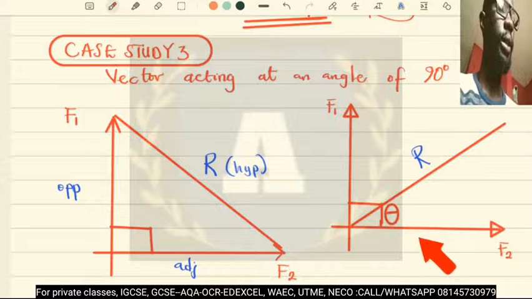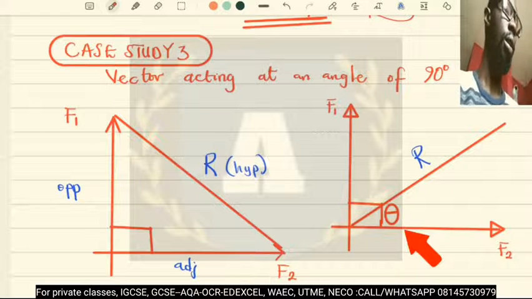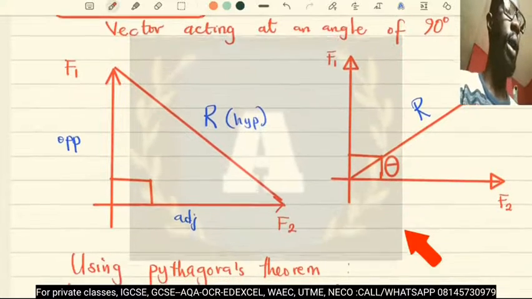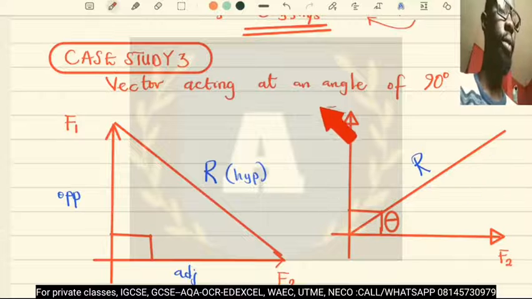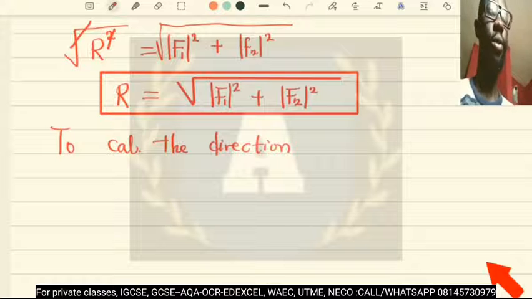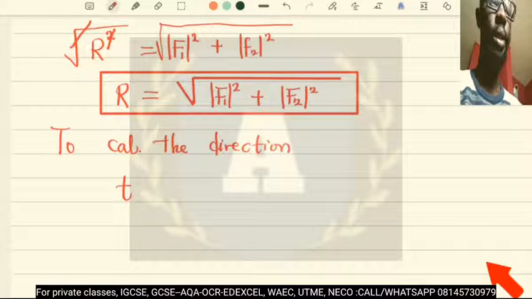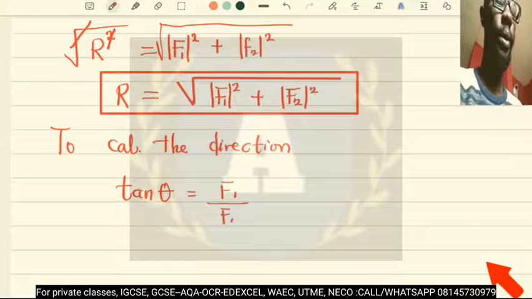So now tan theta, the tan of this angle, the formula for tan is opposite over adjacent, and from here it is seen that the opposite is F1, that is the side parallel to this side. This is our F1. Okay, the F1 is the opposite, while the adjacent is F2. So quick one, we can now write that tan theta is equal to F1 divided by F2.